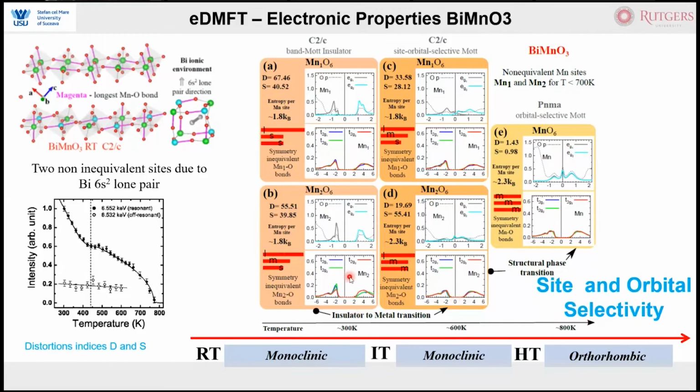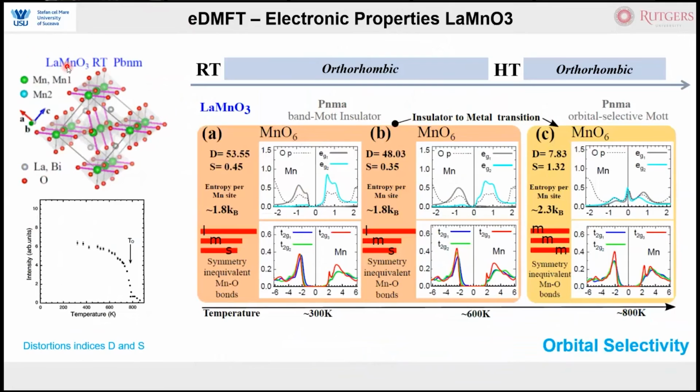Now I can also look, for example, at this: each time you have a transition, you have to have some order parameter. For example, in lanthanum MnO3, I have an insulator below 800 Kelvin in the orbital state, and then I have a metal at high temperature. So I go from insulator to metal transition.